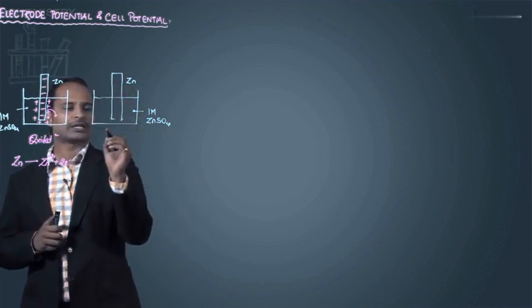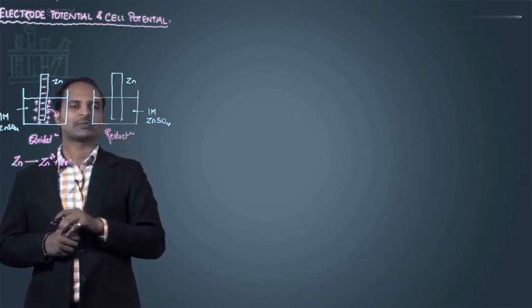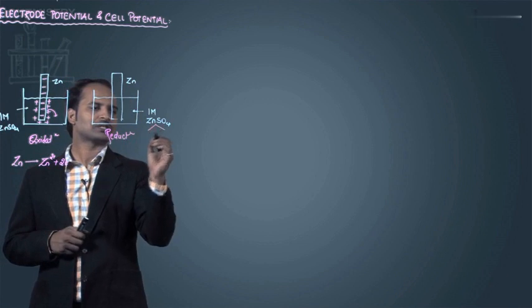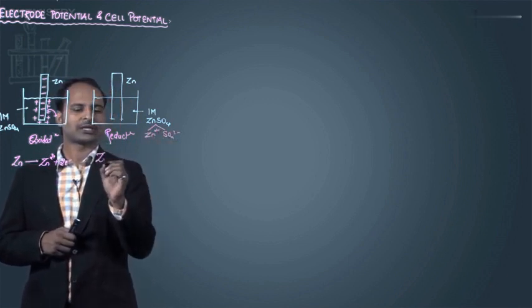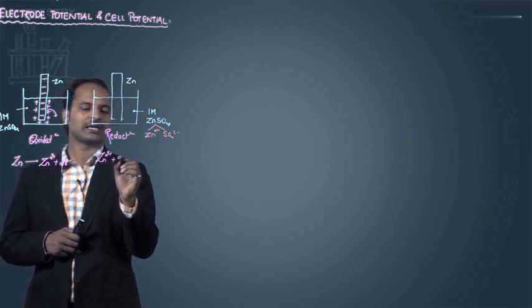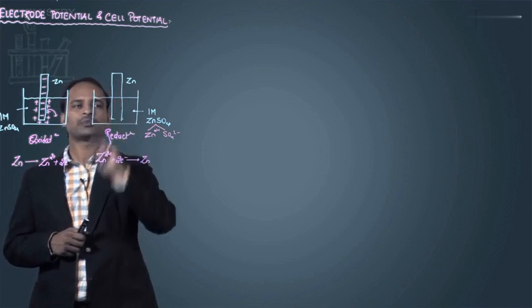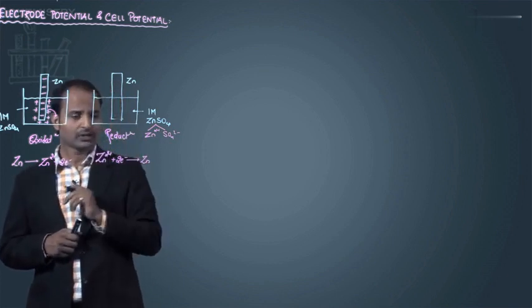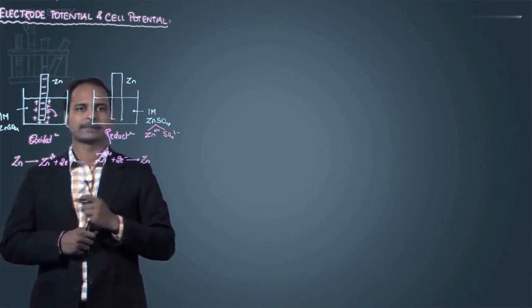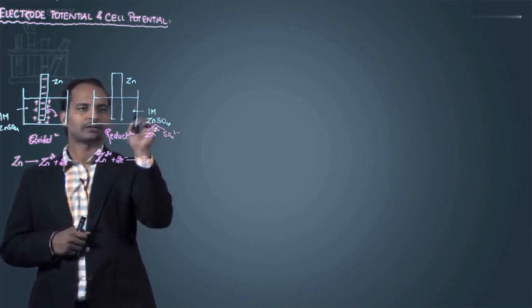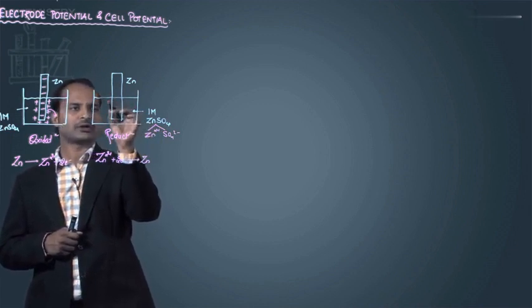Similarly, let us now consider that reduction takes place. What happens in case of reduction? The solution contains zinc ions and sulfate ions. During the reduction, the zinc ion from the solution gains electrons and gets converted into zinc, and that zinc atom gets deposited on the metal surface.